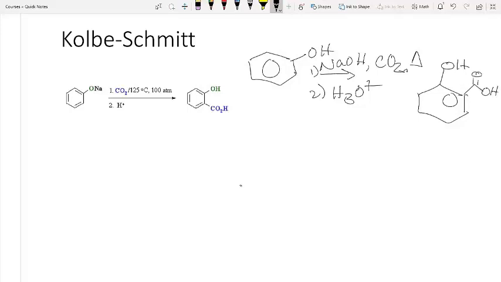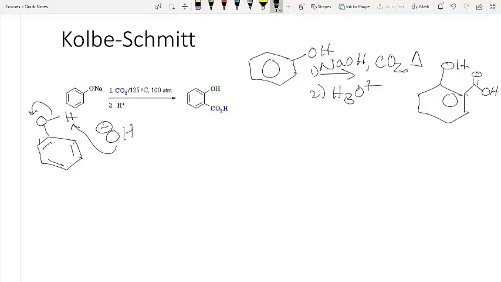So it's actually a very similar mechanism, except it uses the phenol as a part of the mechanism to help stabilize your intermediates. And so the first thing is, in basic conditions, we take the phenol, deprotonate it to phenoxide.